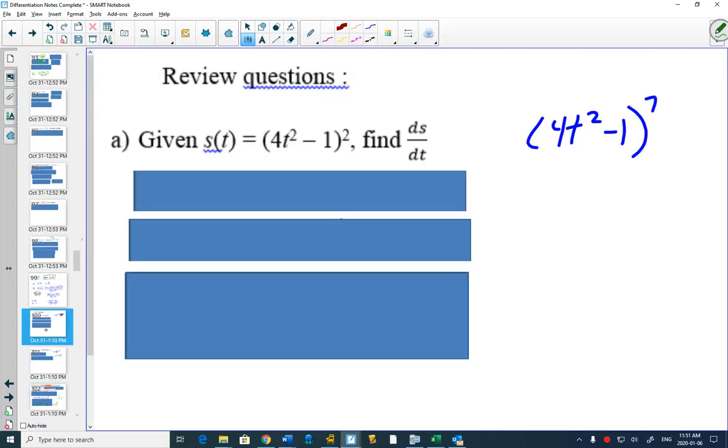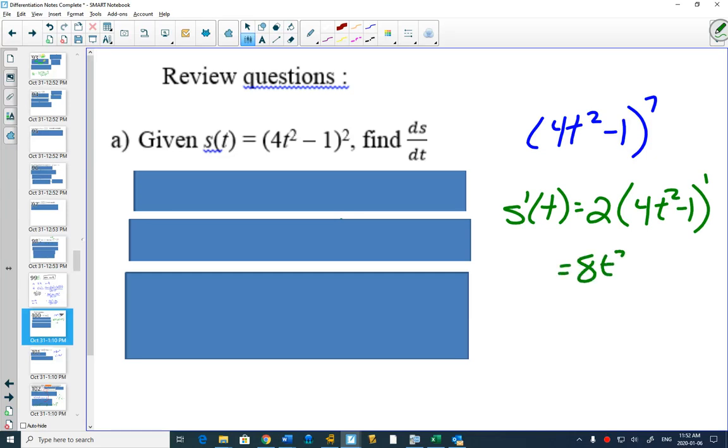let's look at this one again. Is the derivative of this one equal to 2 times 4t squared minus 1? Because that would be the pattern, right? And if I multiply this out, I would get 8t squared minus 2.